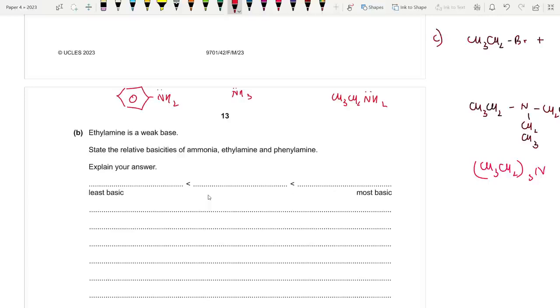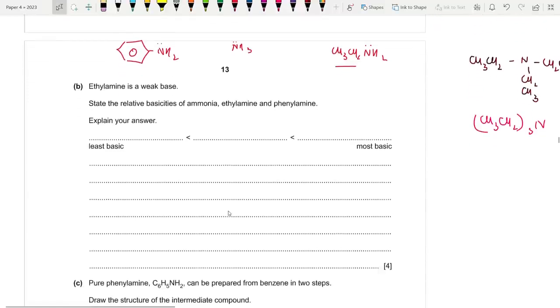Ethylamine is the most basic because of the positive inductive effect of the ethyl group. It makes the lone pair more available. So ethylamine is the most basic, followed by ammonia, and the least basic is phenylamine.